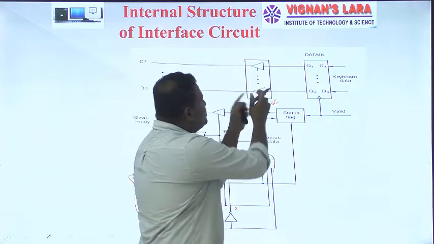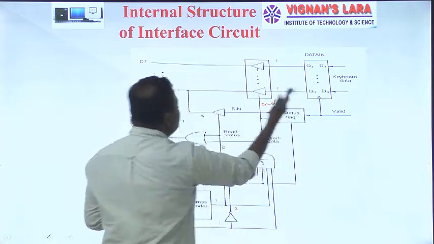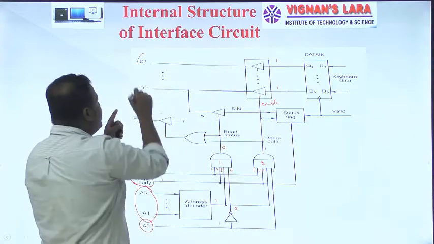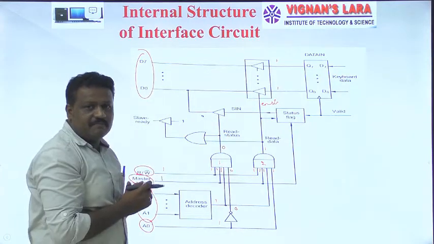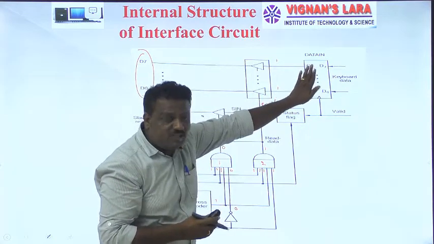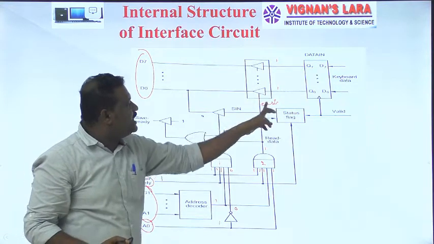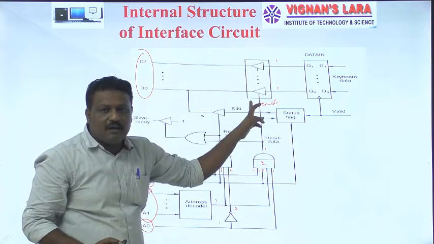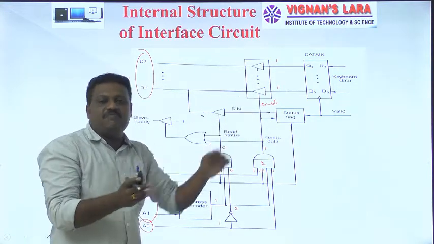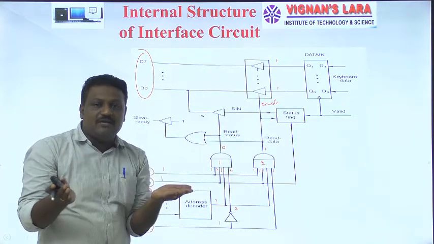Once this enable signal is 1, whatever data is present here and here is transferred to your data lines D0 to D7. That means the data from this data in register is placed onto the data lines only when the enable bit of these drivers or tri-state buffers is set to 1.